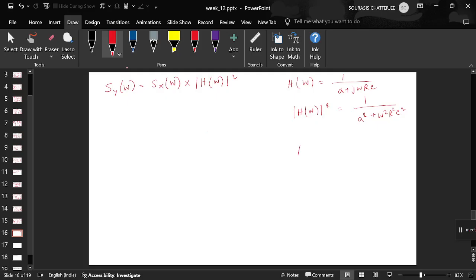If I write it in terms of f, omega is written as 2 pi f, so we obtain 1 plus 4 pi squared f squared R squared C squared. And what is Sx of omega or f, the power spectral density of x here?